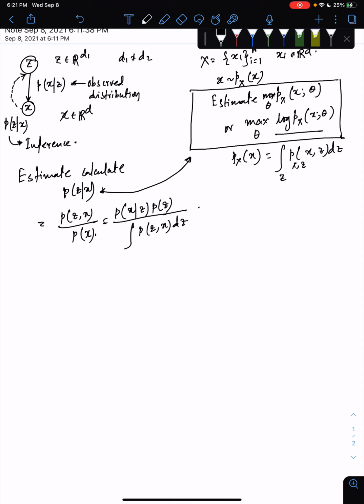Now, calculating this particular integral is hard. Why?